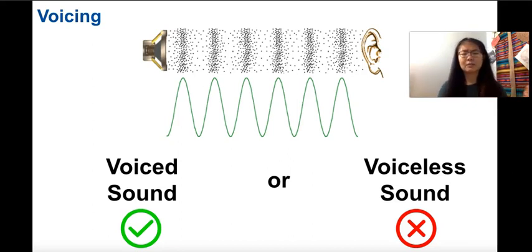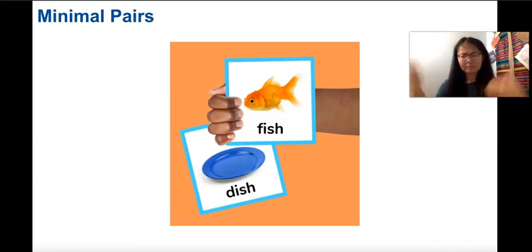So throughout this series, we'll be comparing different sounds that are easy to get mixed up when you hear them. So we'll be talking about minimal pairs, which are words that are the same except for one sound, right? Like fish and dish, right? Same word or same letters, same sounds, except for one, right?